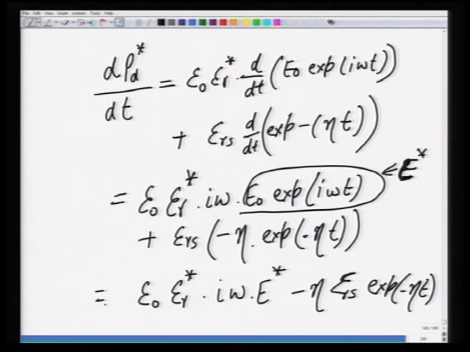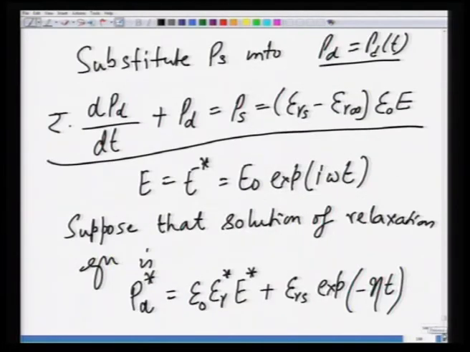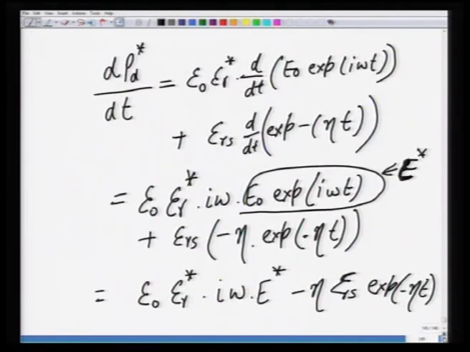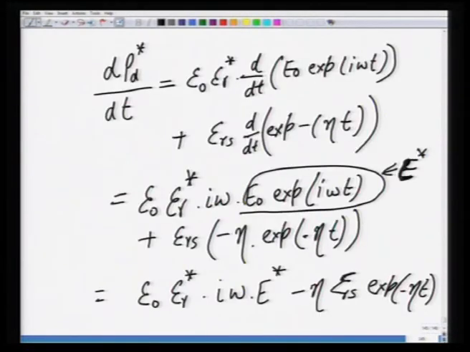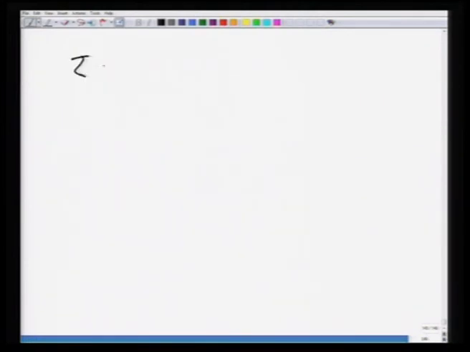Now, this is going to be substituted in the relaxation equation that we wrote earlier. So, the relaxation equation is tau dP_d star by dt plus P_d star is equal to P_s.